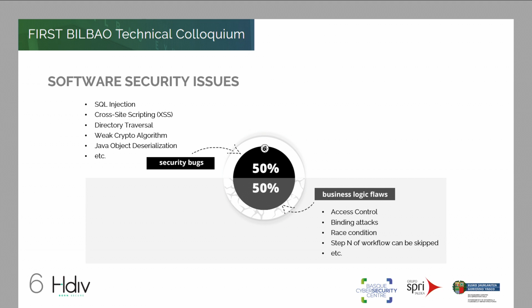These are issues that are detectable with tools and follow a specific pattern that is the same in all applications. And there is another part called business logic flaws or design flaws that is totally different compared with the syntax issues. In that case, we are talking about specific issues of the business.